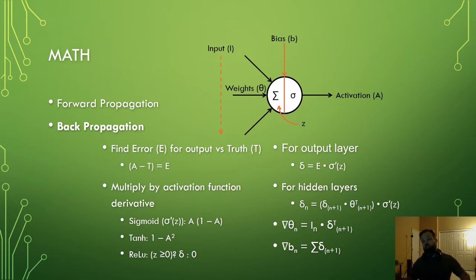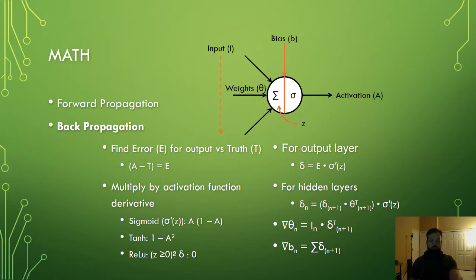If it was actually $250,000 when it sold, then our error would have been minus $50,000. So in this case, we're just going to take our output minus our truth, and that's our error. Then we're going to take and multiply the activation function derivative into that error for that final layer.